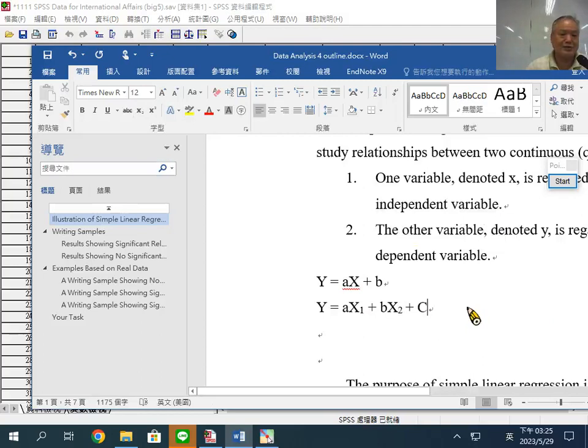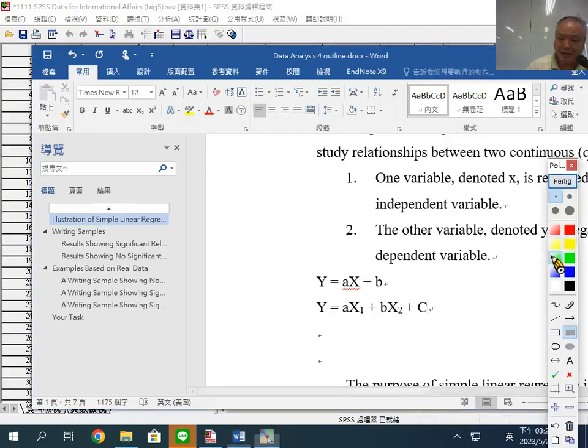Okay, so this is the right way to do. So basically, let's see this one. There are two independent variables, but both point to a dependent variable here. So the change of x1 and x2 will change the value of y. That's it. So most of the time, for now, you only focus on this one. The change of x will change the value of y. And the relationship between y and x is y equals a times x plus b.